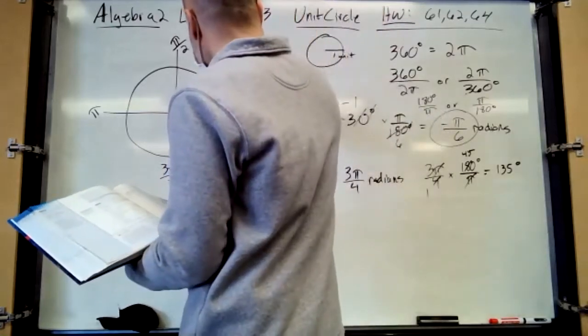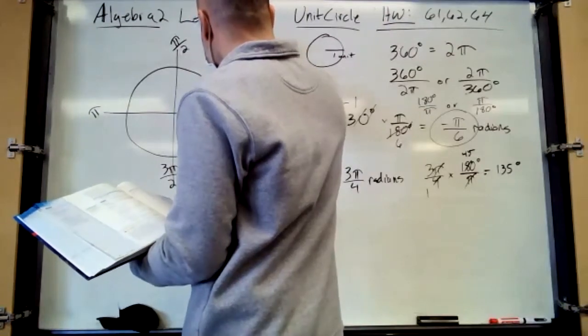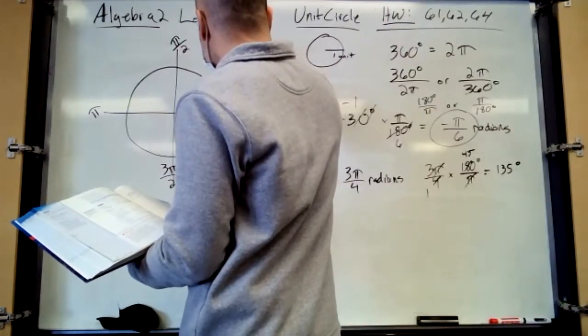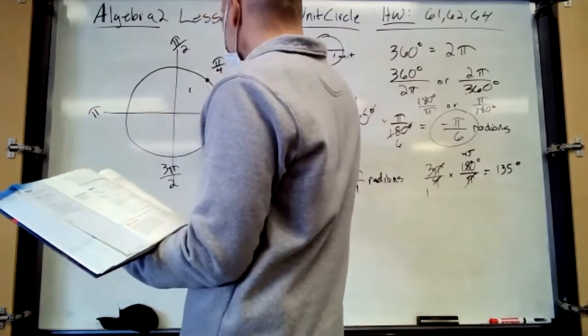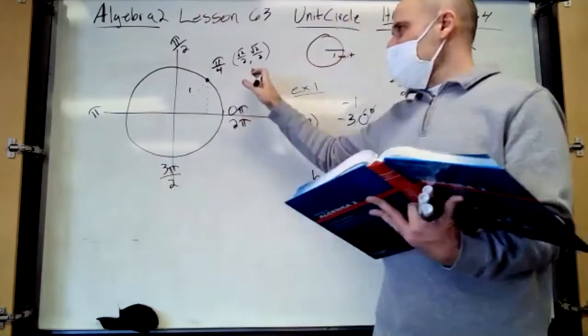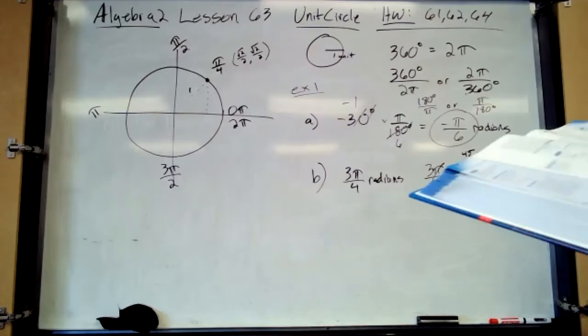So the coordinates of this one are radical 2 over 2, comma, radical 2 over 2, because it's just 1 times radical 2 over 2. So those are the coordinates of that point on the unit circle. So 45 degrees, or pi over 4 radians, is radical 2 over 2, comma, radical 2 over 2.